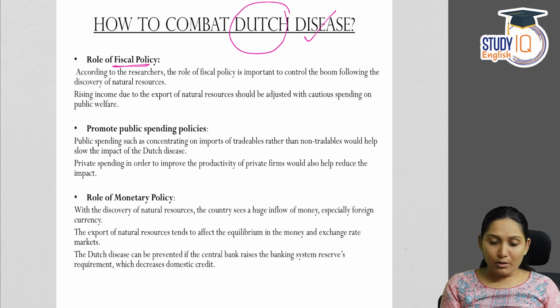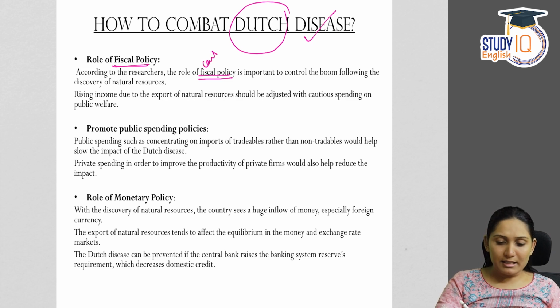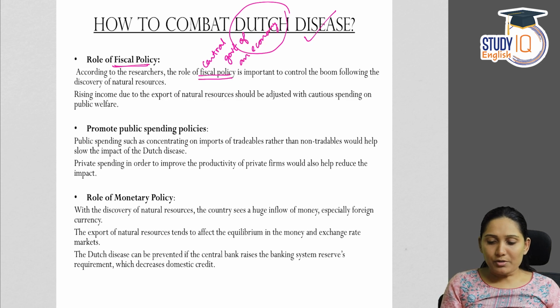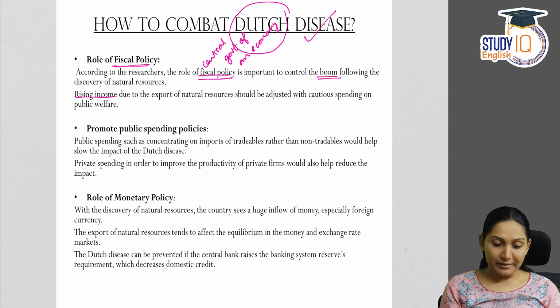According to the researchers, the role of fiscal policy is important. What is fiscal policy? The policy taken by the central government of an economy. It is important to control the boom following the discovery of natural resources. Rising income due to export of natural resources should be adjusted with cautious spending on public welfare.